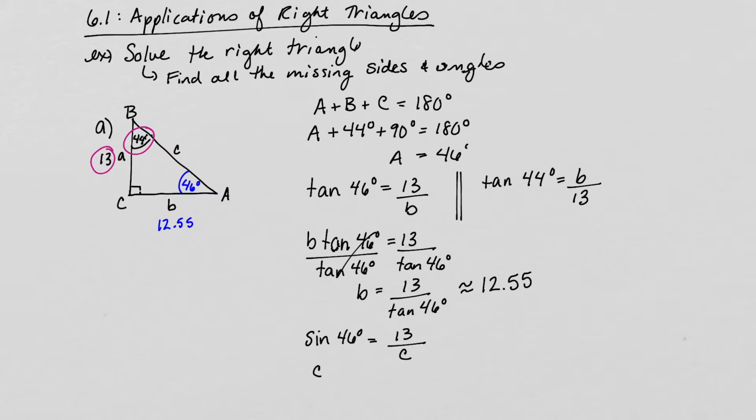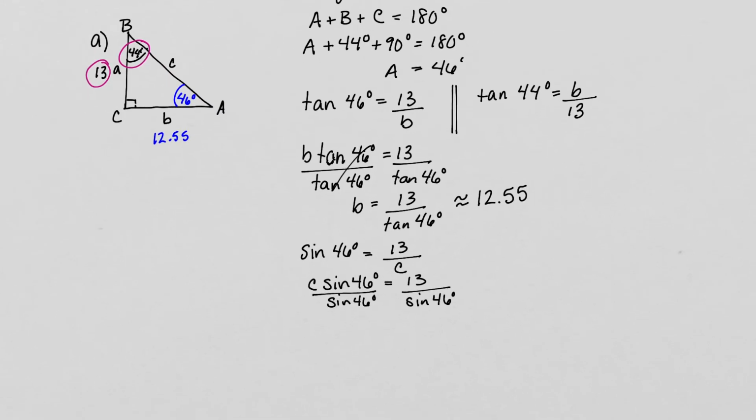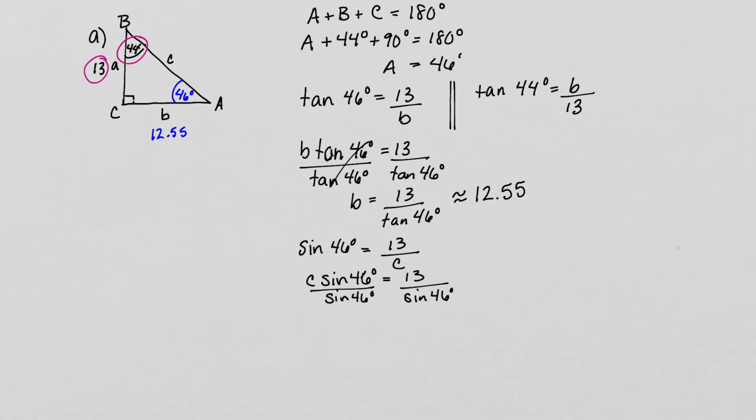So again, if I multiply up, C sine 46 degrees is going to be equal to 13. Divide both sides by the sine of 46 degrees. So C, this time, we should get roughly 18.1, right?